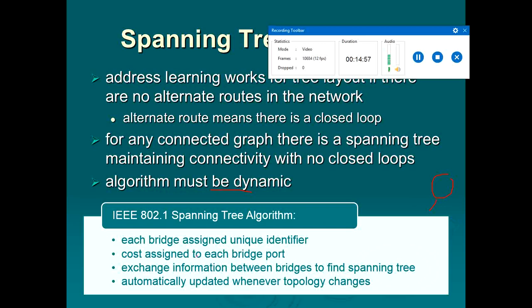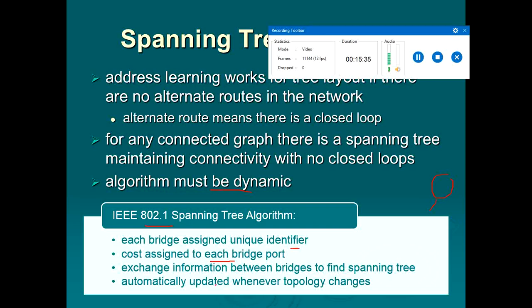Now, according to the spanning tree algorithm developed by IEEE 802.1, what are the features or what is required? First thing is, each bridge should have a unique identifier, like no two bridges should have the same identifier. And cost should be assigned to each bridge port. In the absence of any special consideration, all costs can be set equal, and this produces a minimum hop tree.